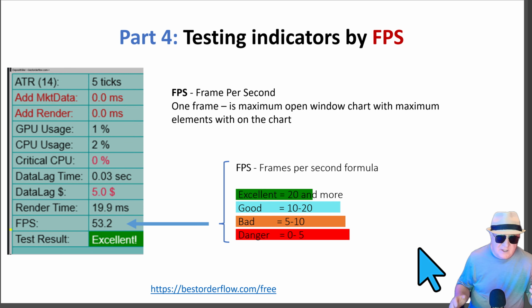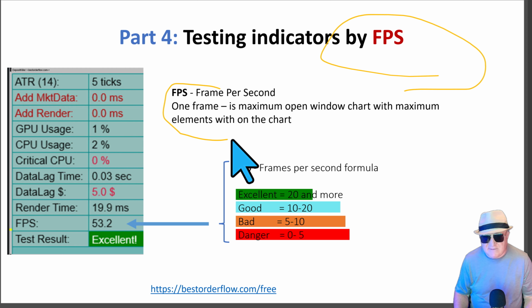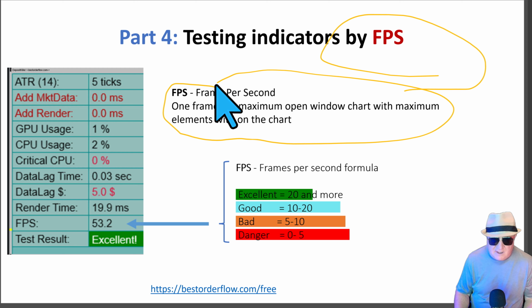Now we're testing indicators according to FPS. What is FPS? FPS is frames per second. What is a frame? One frame is the maximum bits of information with the maximum elements on that chart. FPS is how many frames per second your computer renders.